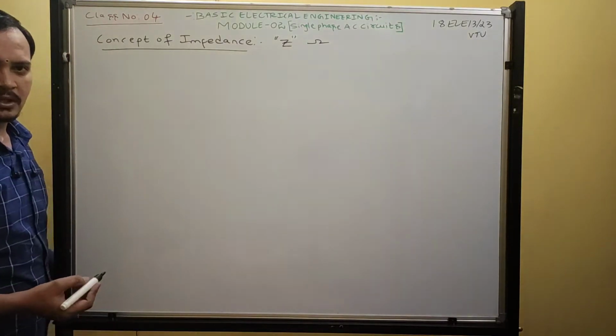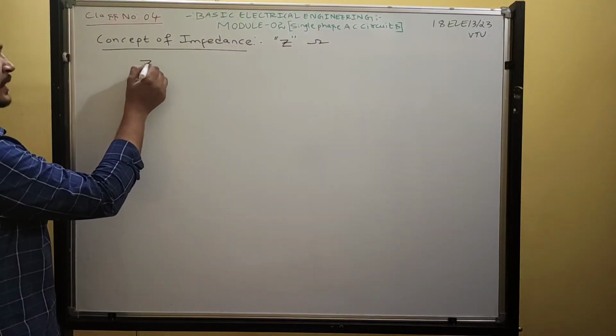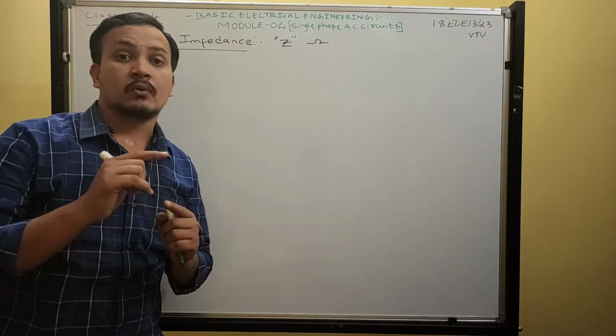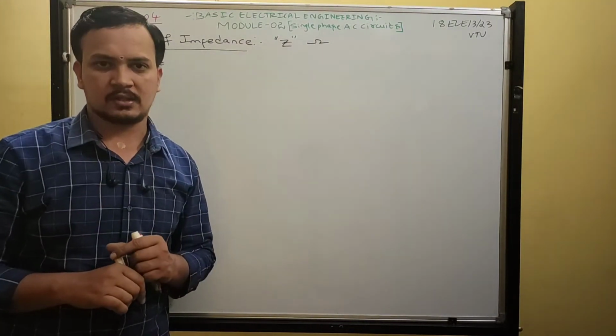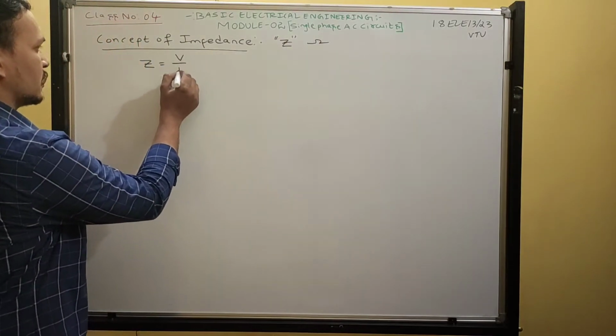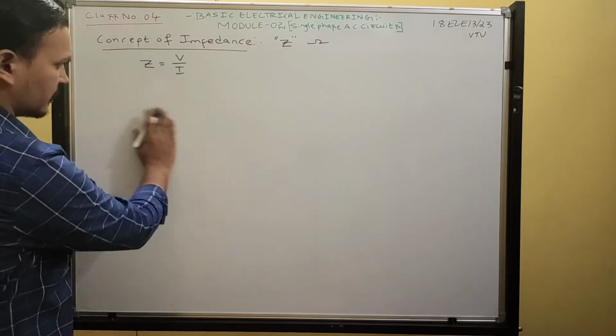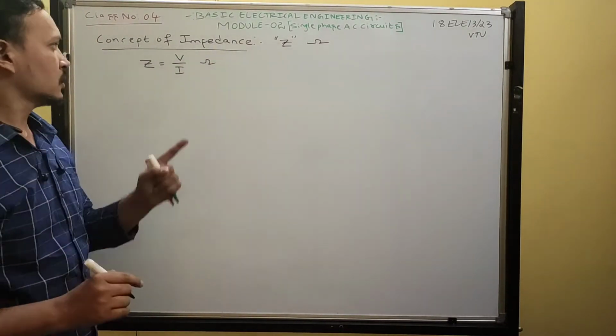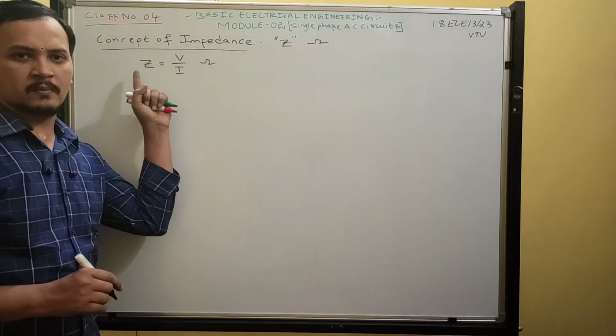Another easy definition for impedance is the ratio of RMS voltage to the RMS current. That is called impedance. Whenever you are dealing with an AC circuit, you have to use this parameter, impedance.